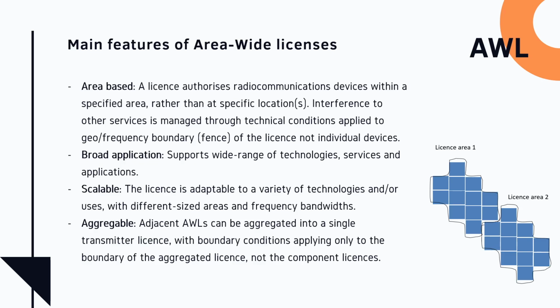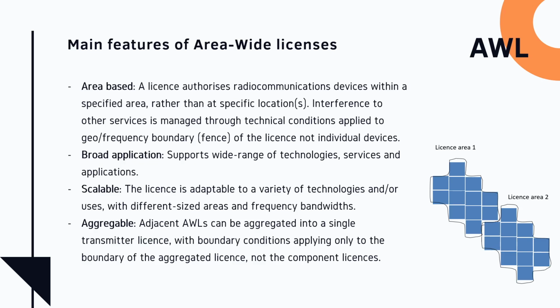Because of this area concept, it is possible to take a neutral technology approach. The same license methodology can be applied to multiple technologies. The license area can be small or large. You can start small, with a couple of devices and a small boundary, and later grow over time to expand.